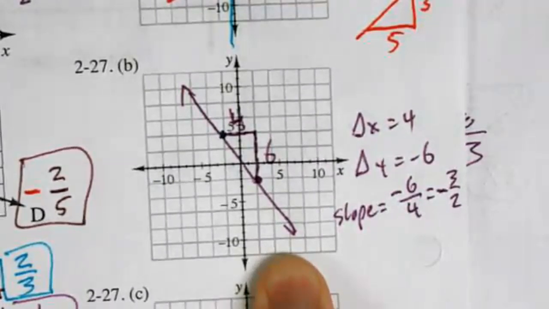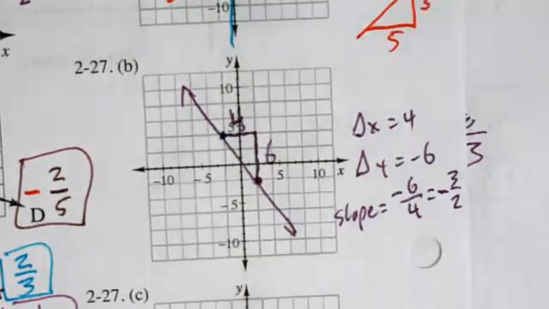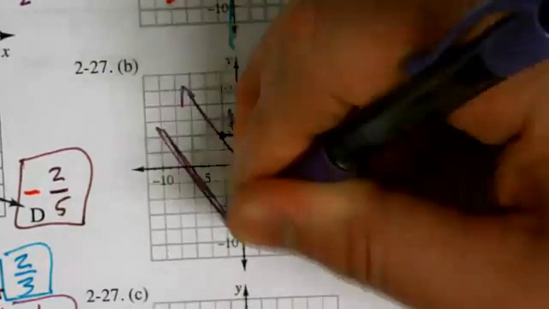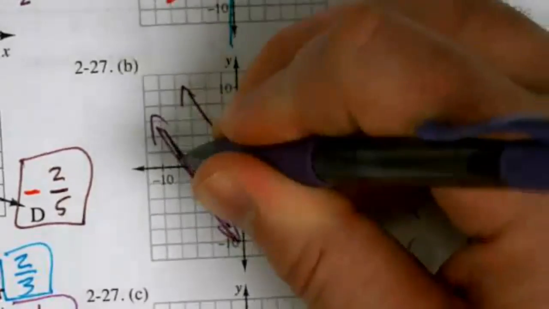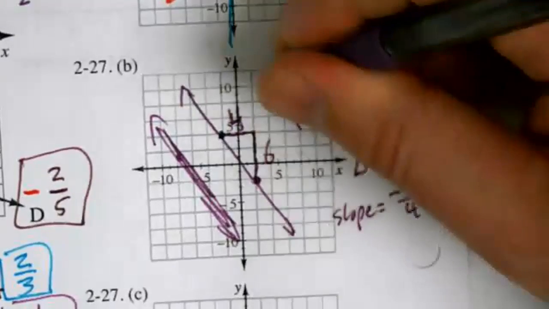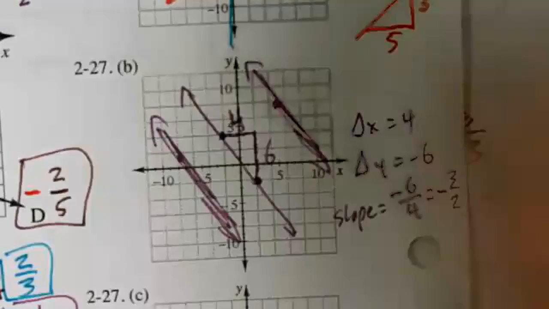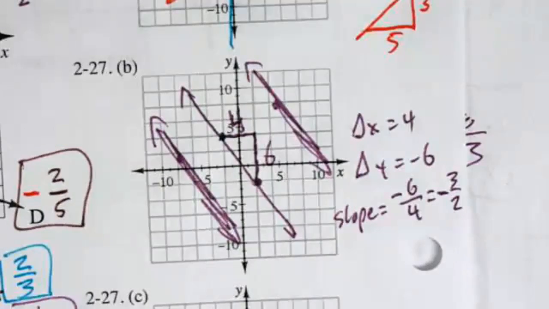Yes, totally, 3 over 2, because 6 over 4 would reduce to 3 over 2. Now again, yours might have been in a different spot. Maybe you had a line that looked like this because you started your point over here. Or maybe you had a line that looked like this because you started your point up here. That doesn't matter, but it should be heading downhill like mine is there.